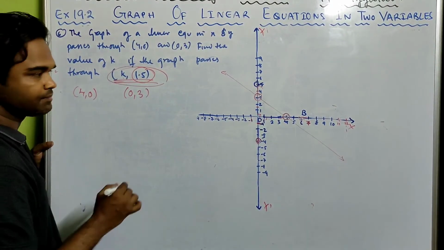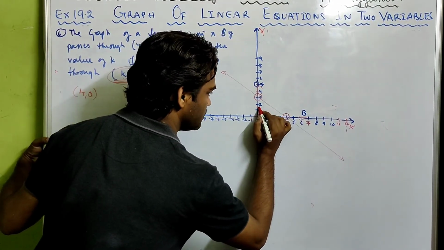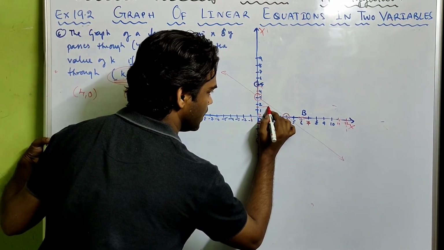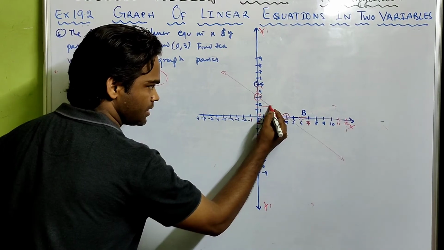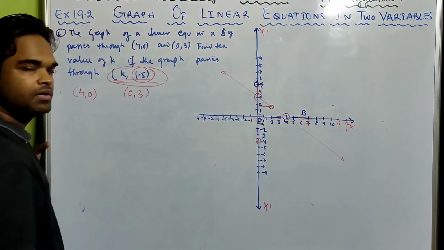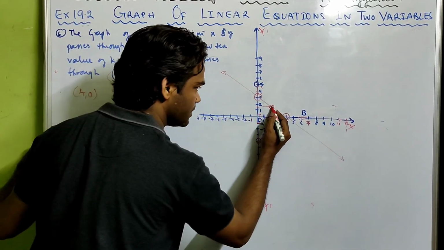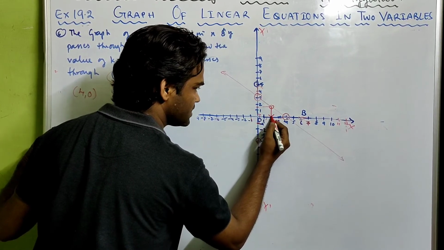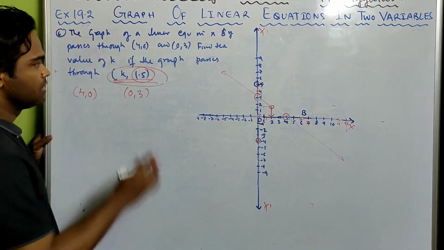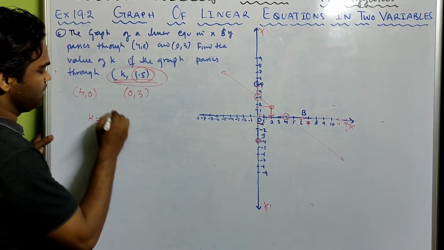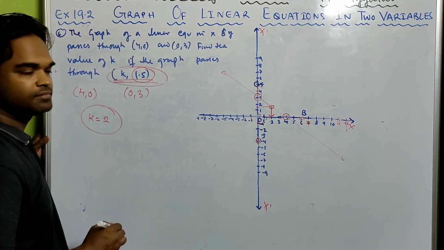Am I correct or not? From here, again, the value of y is known. I'll draw a line parallel to the x-axis. It touches our given line over here. We'll drop a perpendicular from there on the x-axis, and we see that it meets the x-axis at the point 2. Isn't it? So the value of k will be 2.